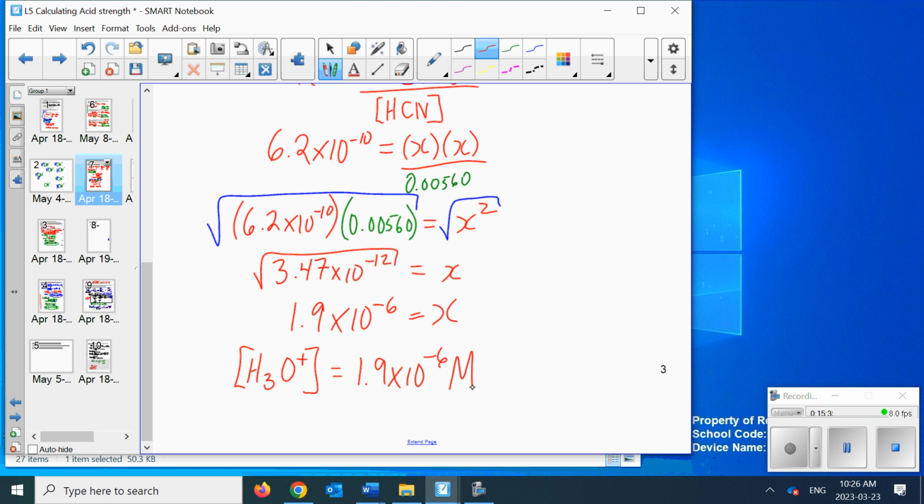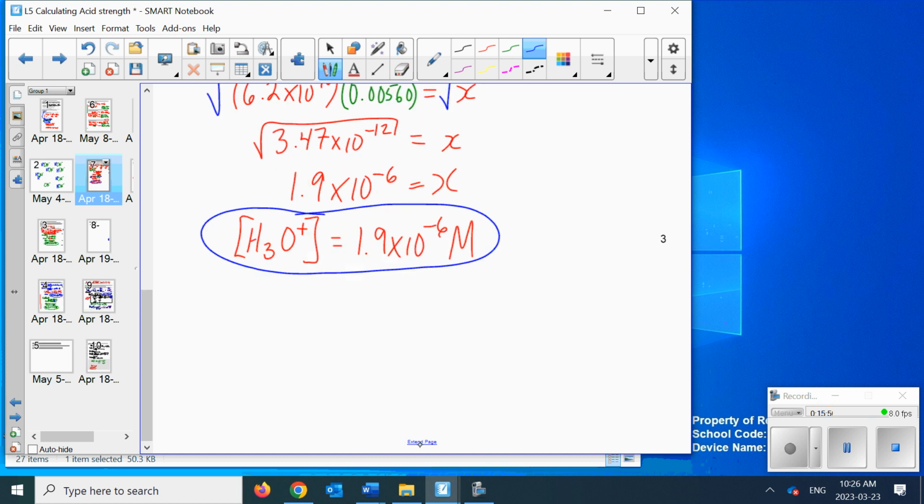Okay, we've got this part solved. And I just heard we have to do the concentration of hydroxide. That's an easy thing. Okay. I'm going to just set up everything.